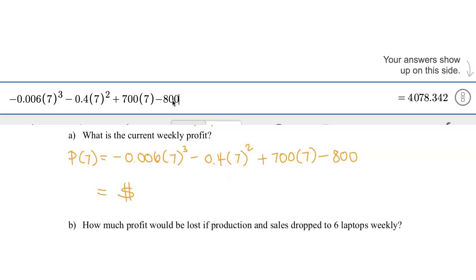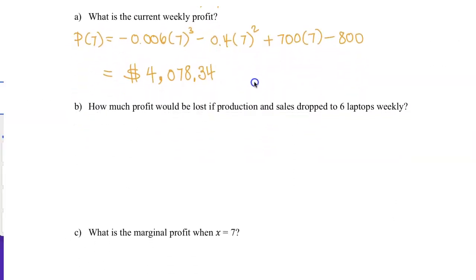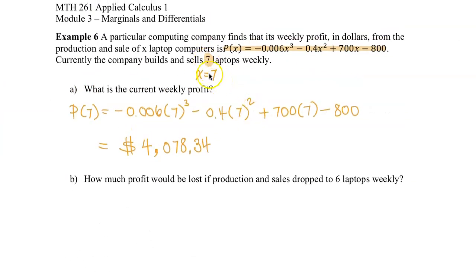I'm going to double check for any typo. No, I don't think I have any typo, so that's gotta be it. $4,078.34. So that is the current weekly profit at the time when they're making 7 laptops weekly.